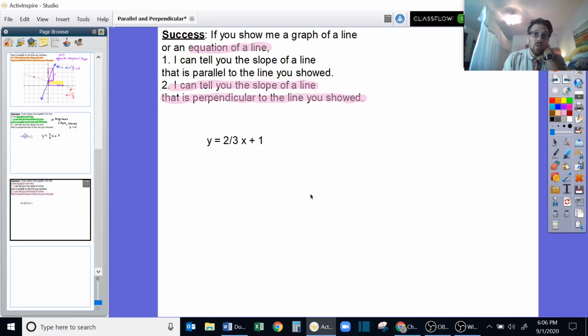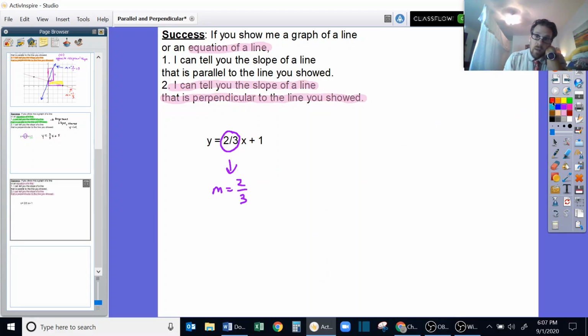Okay? So finally, what if I give you the equation of a line and I say, now I want the perpendicular to that line. Well, we learned in the previous example that I'm going to take this slope of my original, 2/3.